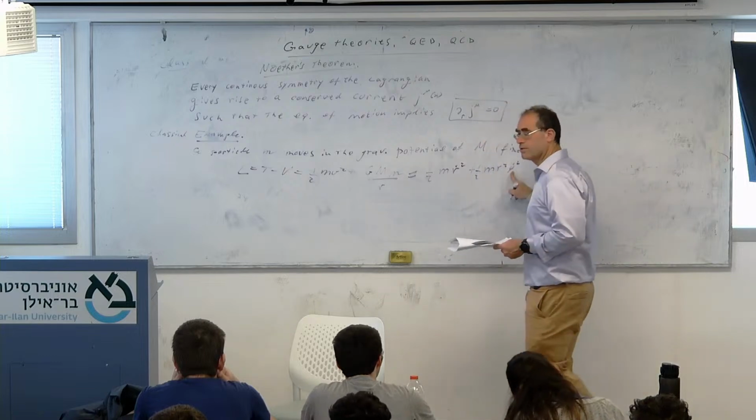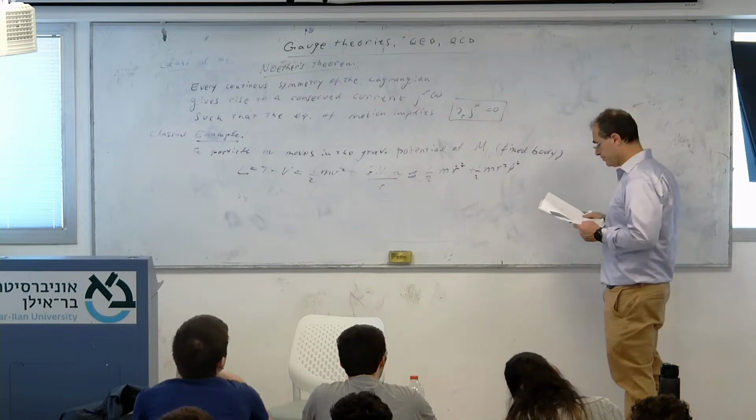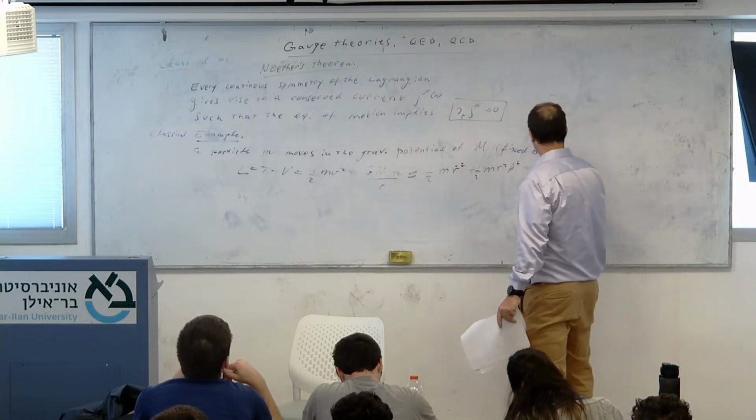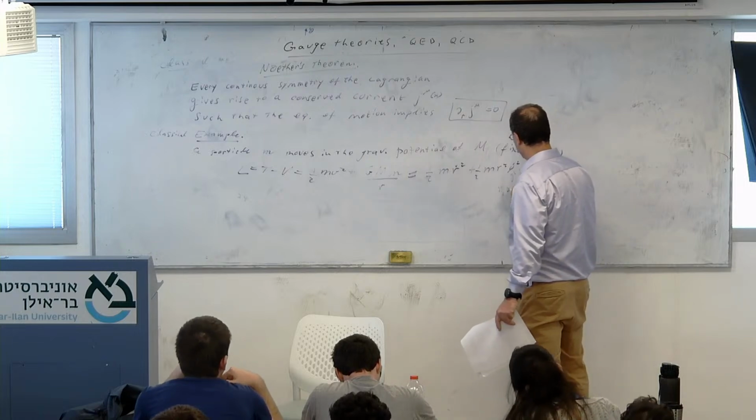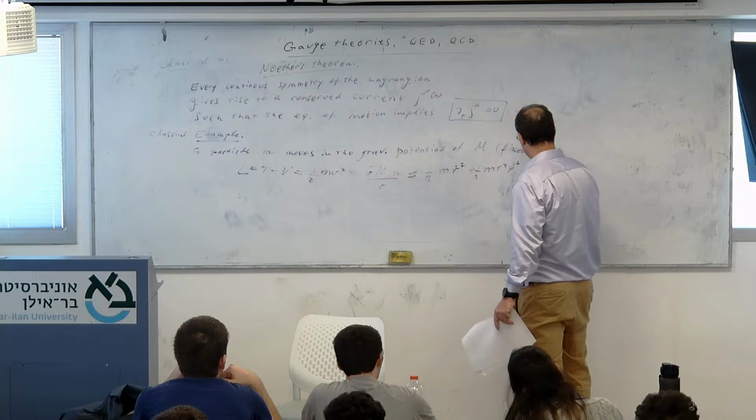This is not a field, this is a polar coordinate phi. Plus G M divided by R. R, phi, polar coordinates.